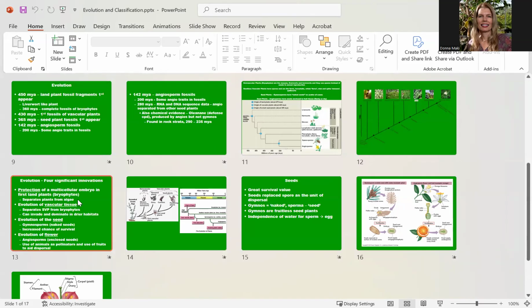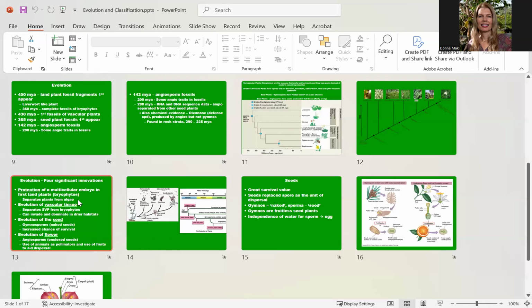The bryophytes ended up being able to protect their embryos much better than the algae they derive from. Whereas the seedless vascular plants went, oh yeah, well, we're going to do vascular tissue, and that way we can spread onto drier habitats. We don't have to stay in a moist habitat. And then the gymnosperms came along and said, oh yeah, well, we're going to one up you.